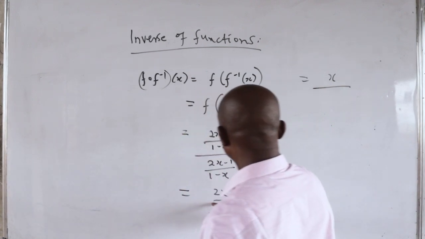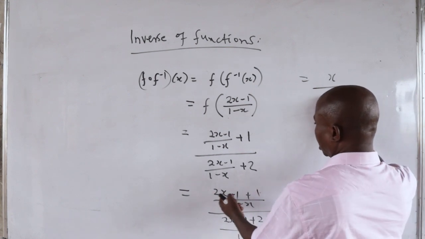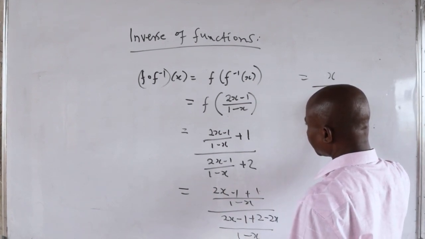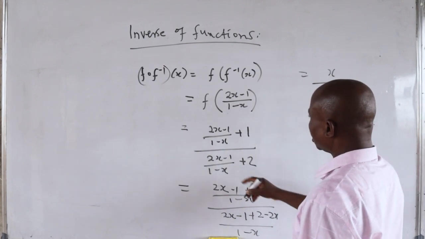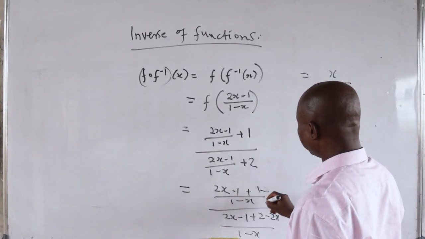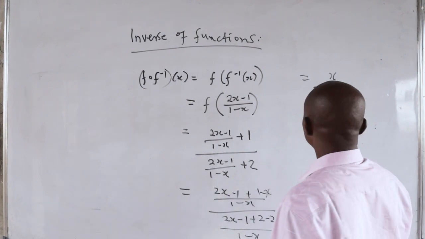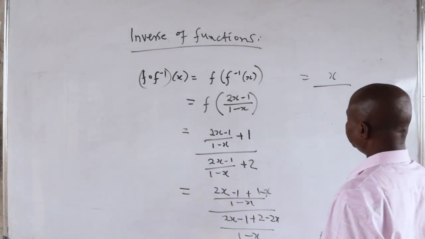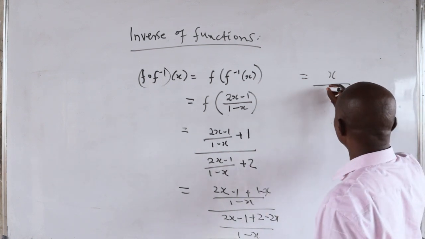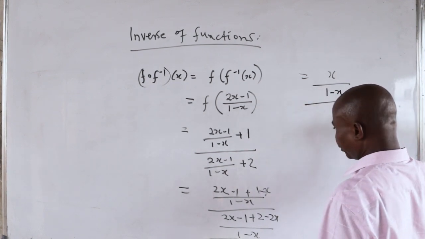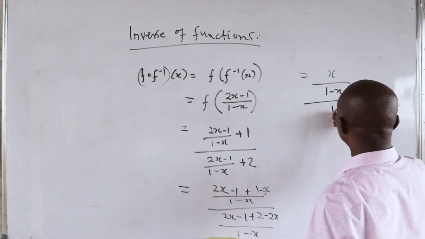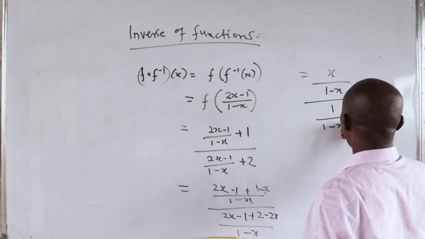Correct. So now this is going to give us x over (1 minus x) divided by, this will go, so we have 1 divided by (1 minus x).